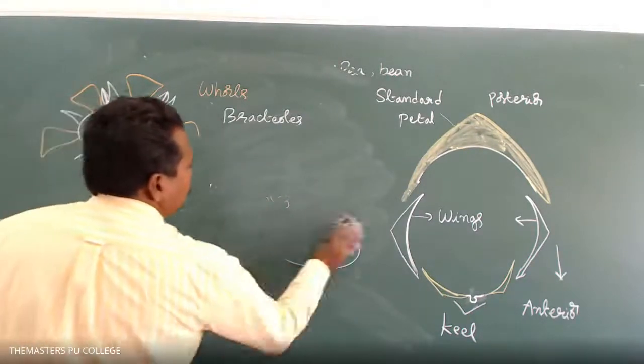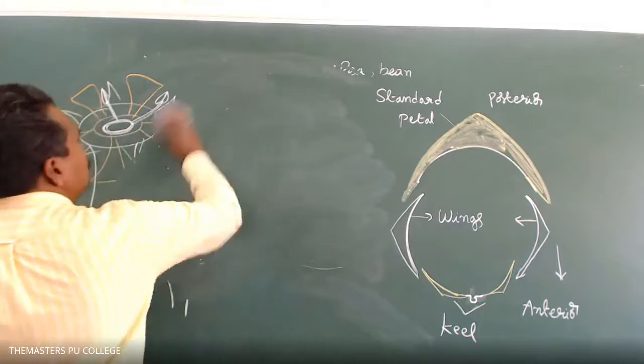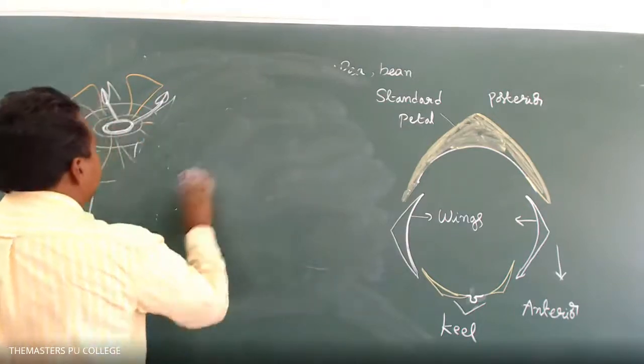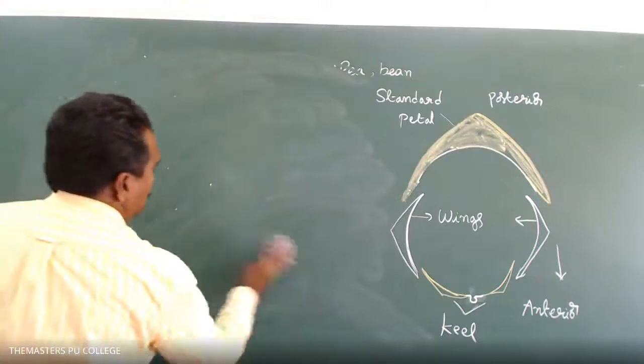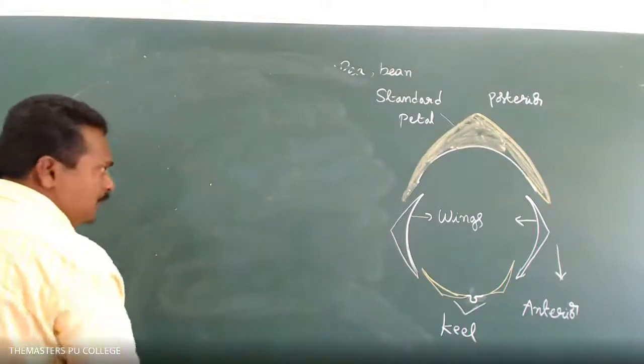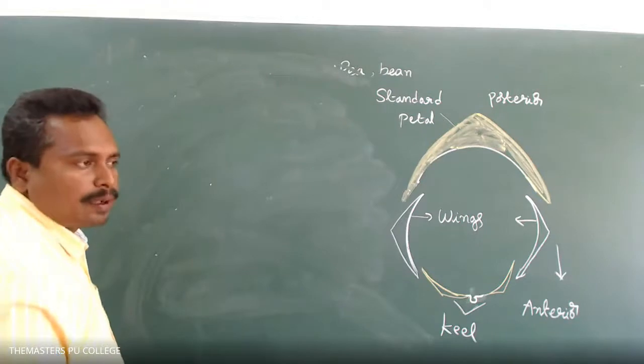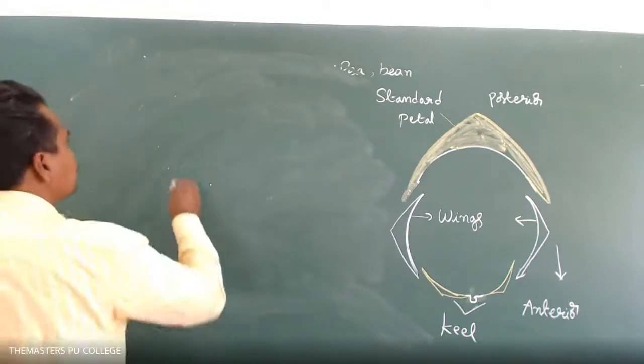The third whorl of the flower, androecium. The units of androecium, or the members of androecium, are known as stamens.